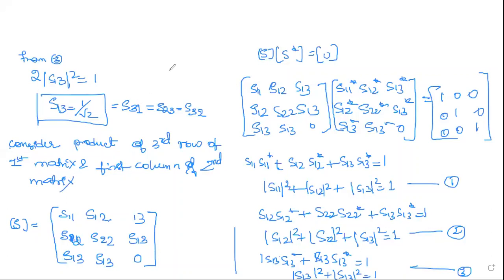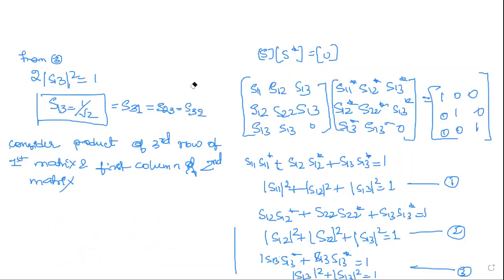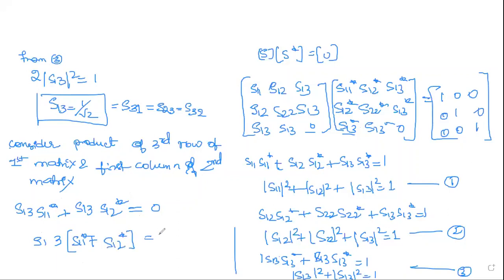So from the equation of the matrix, the third row you have is S13 multiplied with the first column. So it is S13 S11 star plus S13 S12 star, and this other term will be 0, which is also equal to 0. Again, you'll be taking S13 outside. So you'll have S13 times S11 star plus S12 star, which is equal to 0.